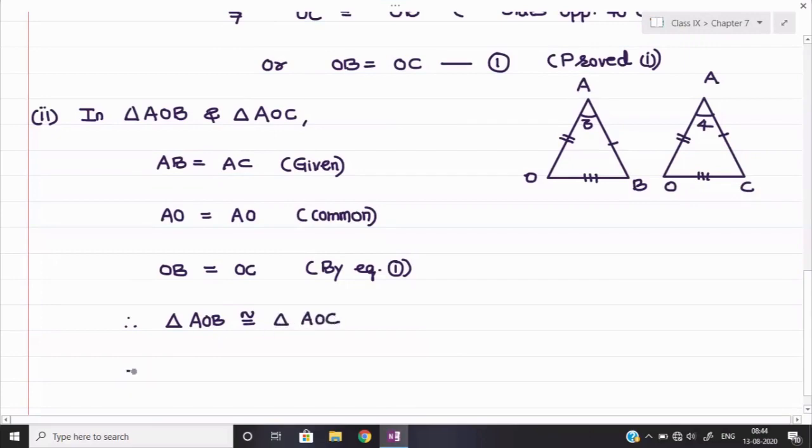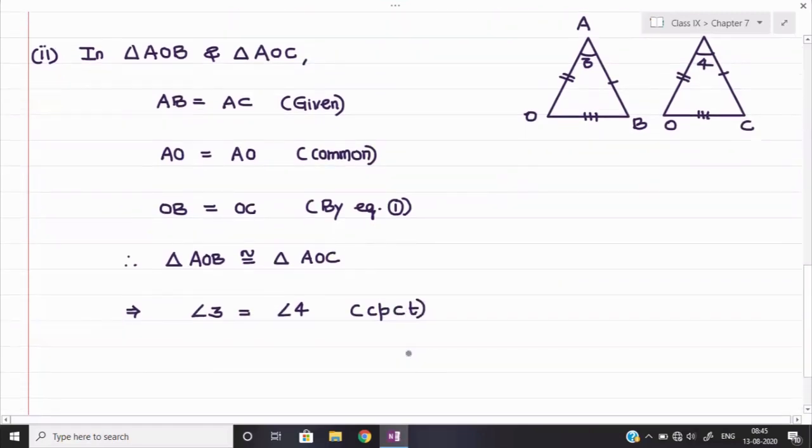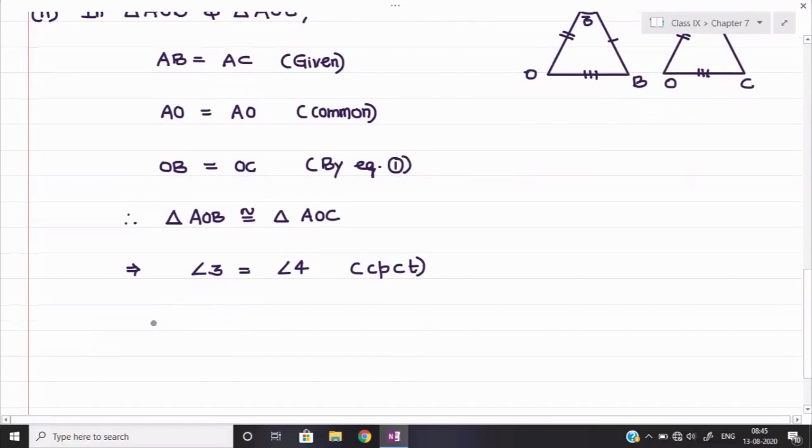Okay, and as I have told you earlier, if these two triangles are congruent, then angle 3 will be equal to angle 4. That reason we can give as CPCT, corresponding parts of congruent triangles. Or else, if angle 3 and angle 4 are equal, what we can say?